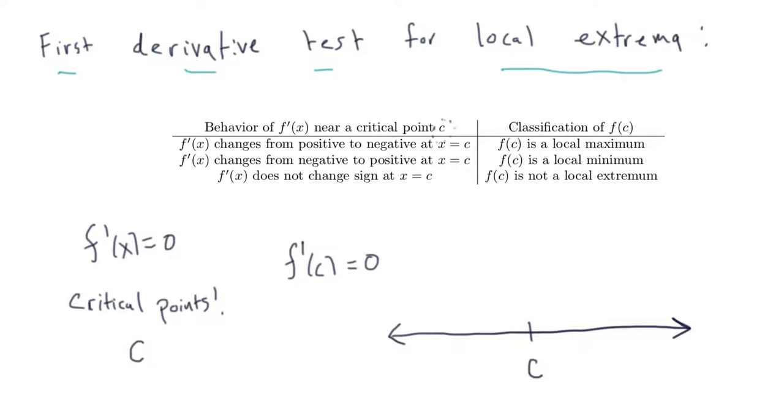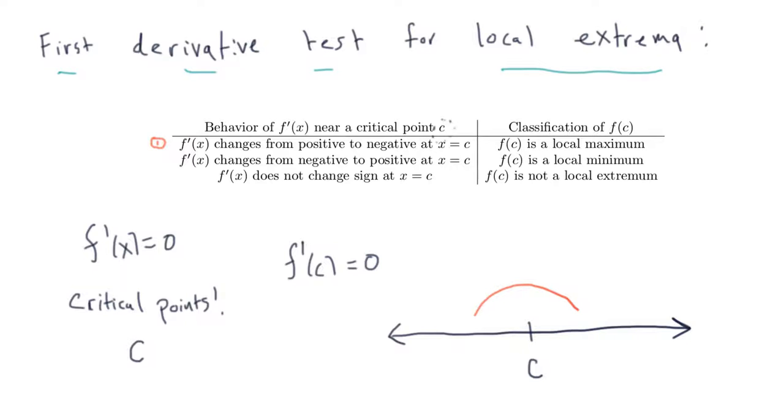So in other words, in the first case, it could be increasing, and then the derivative could be 0 at c, and then decreasing. That tells us that f of c is a local maximum, okay? And all you really need to know is this little picture here. If you change from being positive to negative, you're at the top of a mountain.